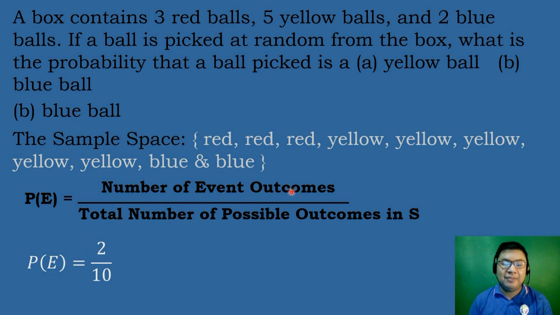So the number of event outcomes will be equal to 2 all over the total number of possible outcomes in the sample space, which is equal to 10 because there are 10 balls inside the box. So we have 2 over 10. We will get the lowest term of 2 over 10, which is equal to 1 over 5. So the probability of picking a blue ball is equal to 1 over 5.